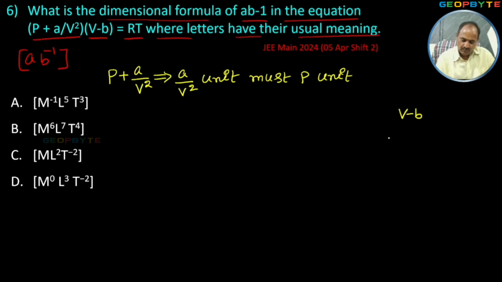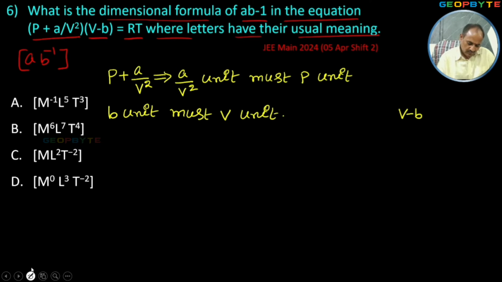Therefore, b unit must be volume v unit. Now the pressure unit is Newton per meter square. Therefore, a by v square unit must be equal to Newton per meter square.